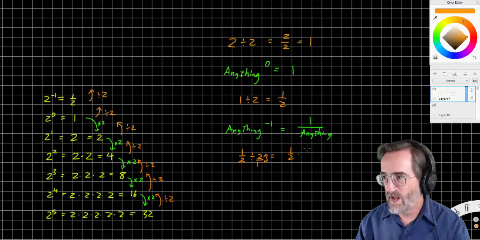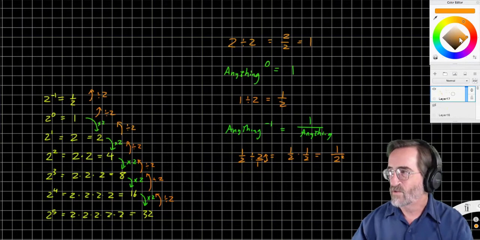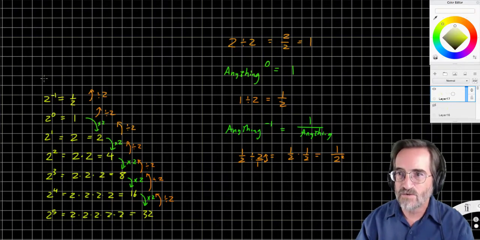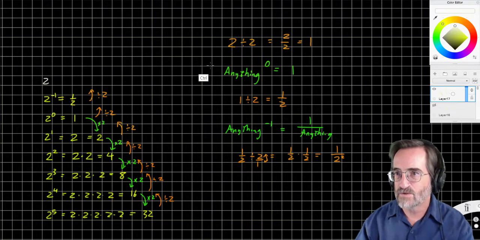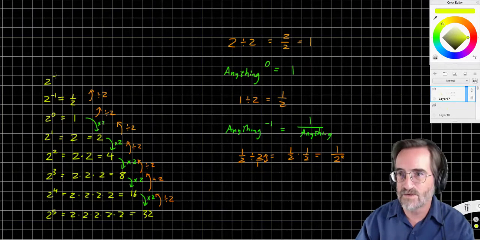This is 1/2 times 1/2, or 1 times 1 over 2 times 2. And I'm going to write that as an exponent, 2 squared. So here we have 2 to the power of -2. 2 to the power of negative 2 is 1 over 2 squared.